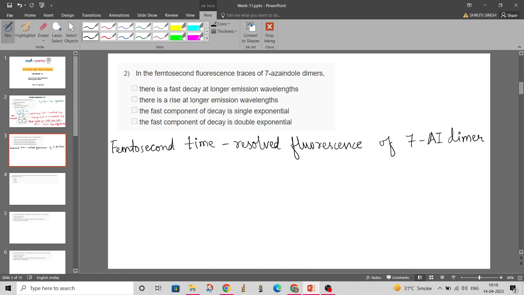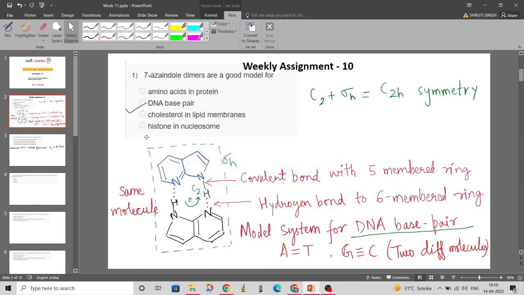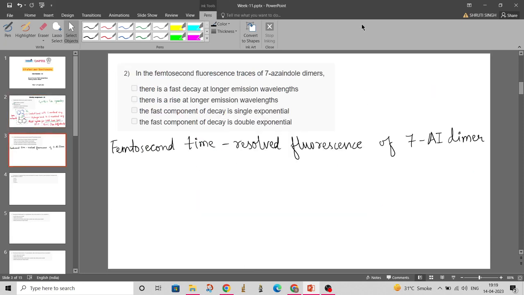So in the 7AI dimer, what happens is the proton transfer, double proton transfer. So first, as I had drawn, let me copy the molecule. I'm not able to select this, I have to draw them.